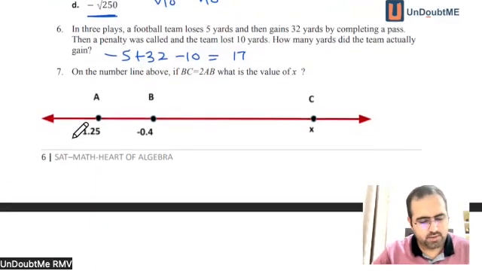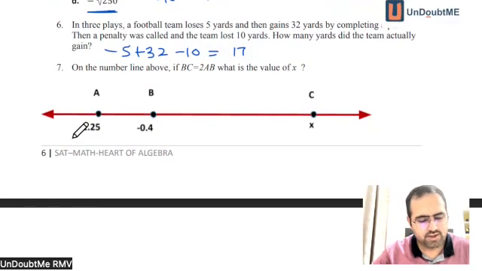On the number line above, if BC is equal to 2AB, what is the value of X? Interesting. How will you do this question? Look at the number line and think.